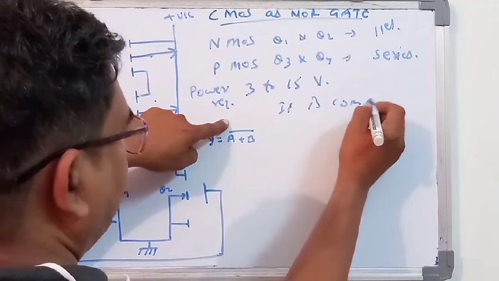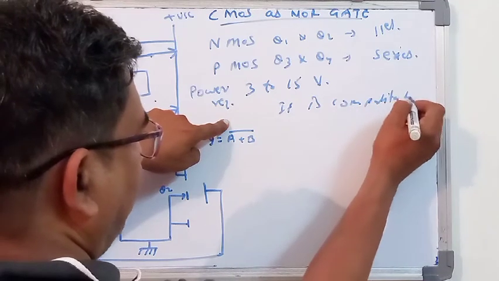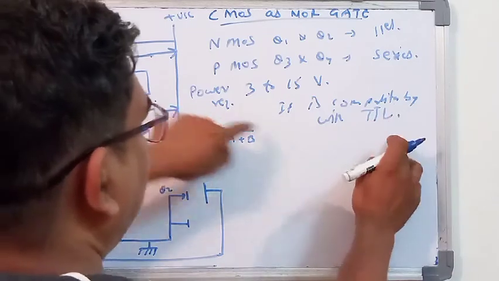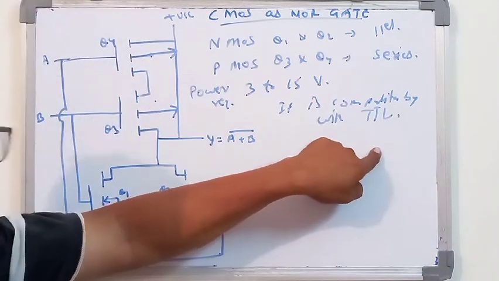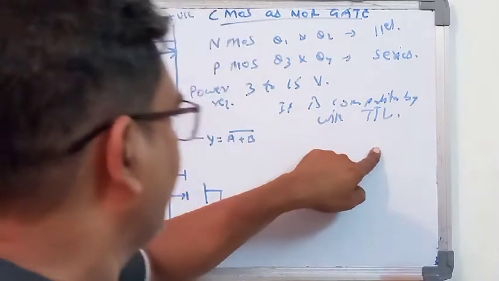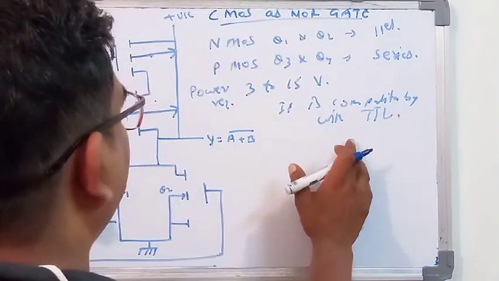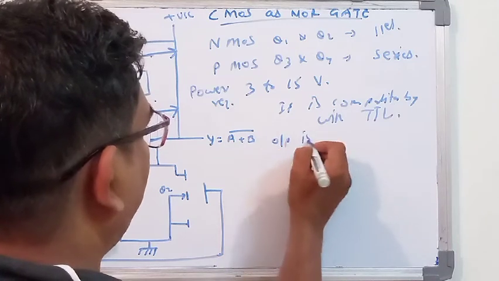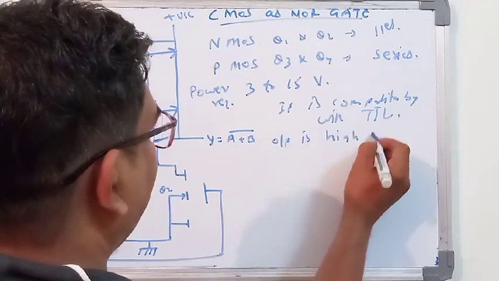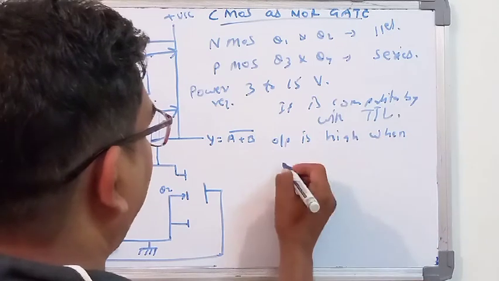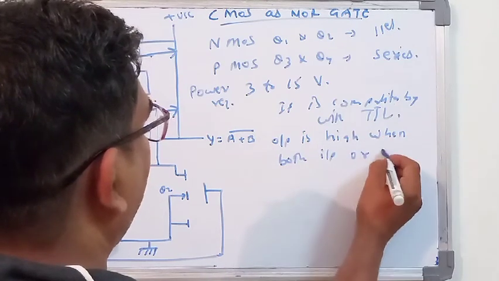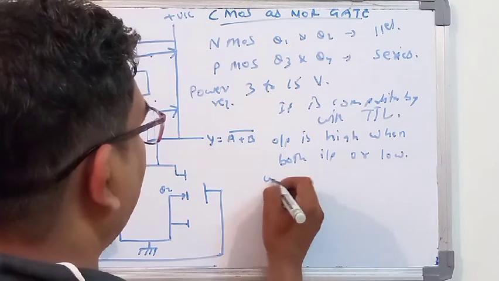Okay, it is compatible with the TTL gate. With the TTL gate, the output is high when both inputs are low.